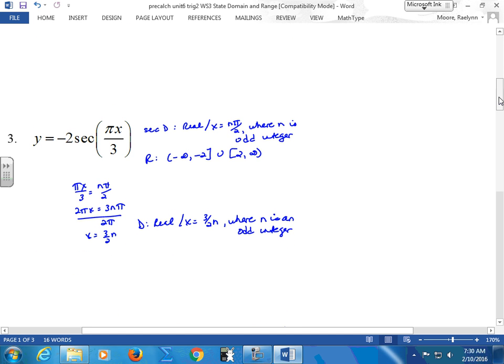Okay, secant. Work off of your n pi over 2. X is equal to n pi over 2. And this time you changed your amplitude, so that's going to change your range. Again, keep the same descriptive qualifier here, where n is any odd integer.